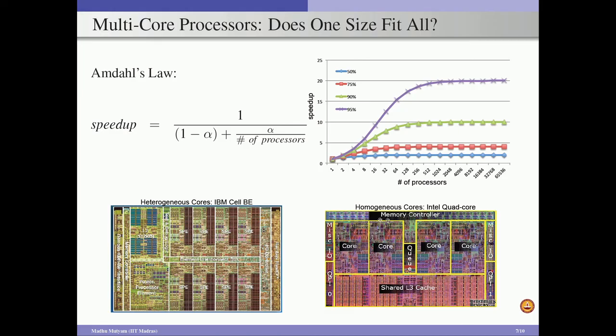So, all these are similar. As a result, this is called a homogeneous core. But again, depending on the type of applications, we have to consider whether to go for homogeneous multi-core or heterogeneous multi-core processors.